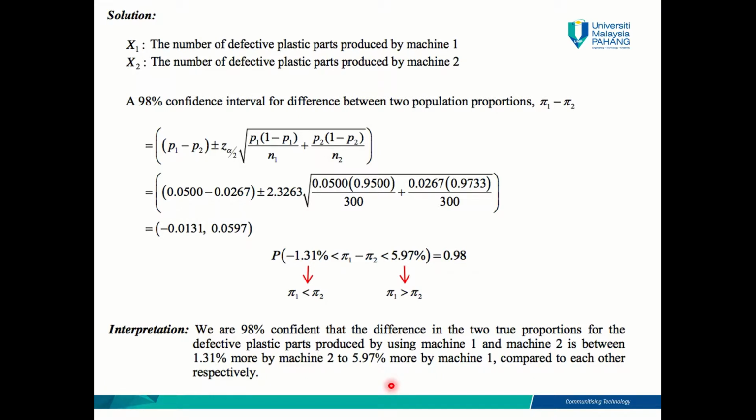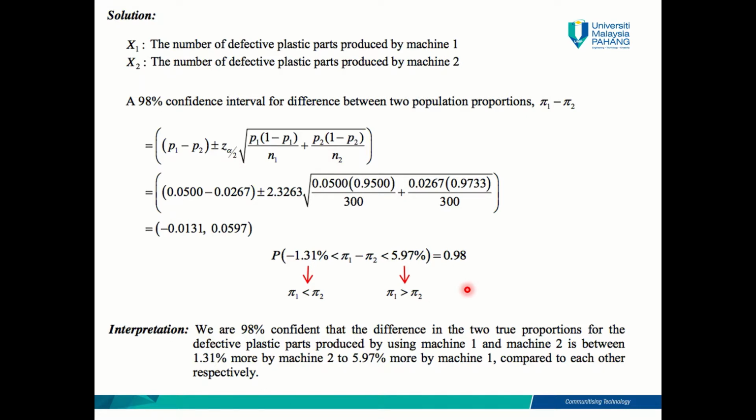So this is how you interpret the differences between two population proportions, in a way that you need to explain what the negative value means. Now please take note that the negative value should not be written in your interpretation because you had already interpreted by writing down more by machine 2. Is that clear? Okay, please take note on this. There's no unit. The negative has to be interpreted like this. And then, that's it.